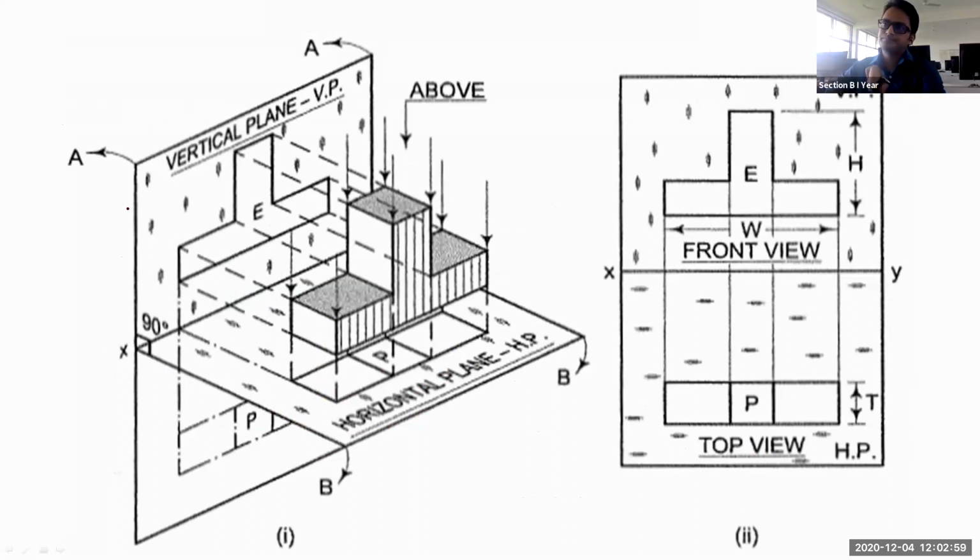Here, you can see on this screen that I have taken a 3D representation of the plane, and then I have converted this 3D representation into a 2D representation. On the left hand side, you have the 3D representation. On the right hand side, this is your 2D representation.